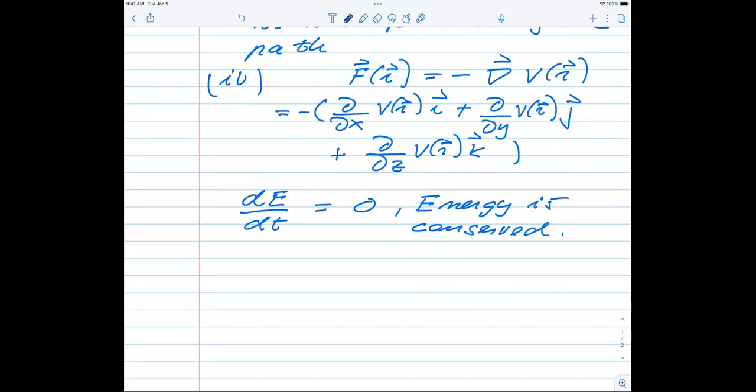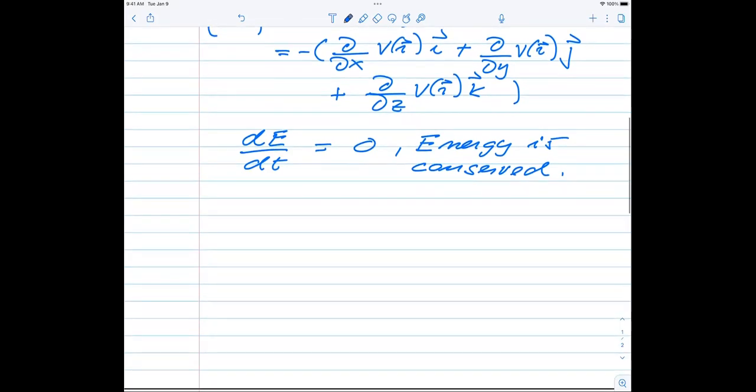So let's prove that. In case we have a potential which now depends only on the spatial degrees of freedom. So we are assuming now that V is a potential which depends only on the spatial degrees of freedom. We know that the energy is given by kinetic energy.